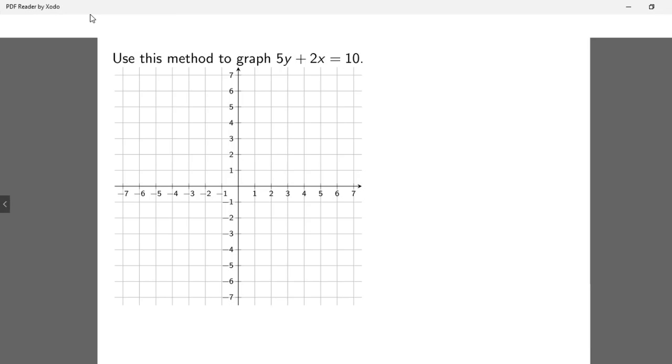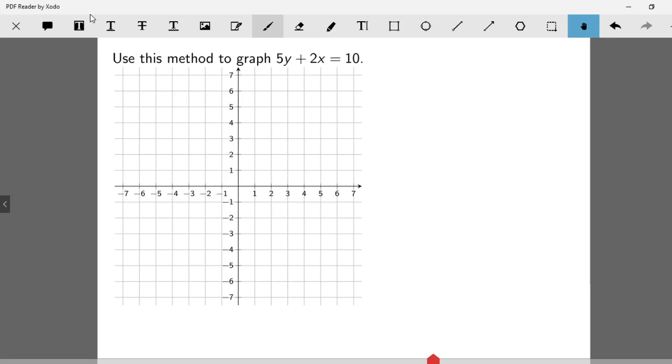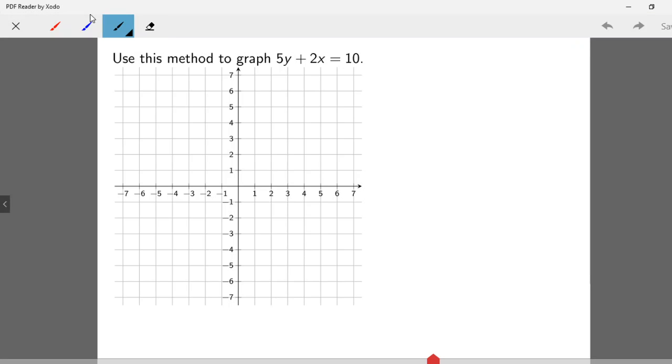Let's use this method to graph 5y plus 2x equals 10. We'll start by saying I want x equal to 0. Then we'll have 5y equals 10. We'll have y equals 2. So (0, 2).